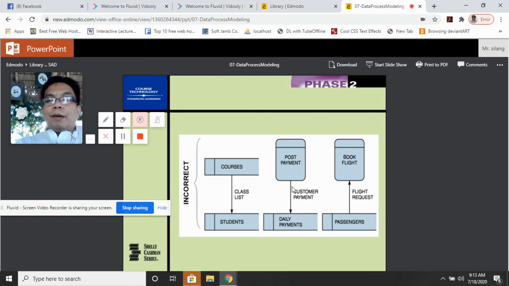We said last time that the purpose of a data store is that we store data so that we can use it for later processes or later use. We can retrieve the data for later use. But here we just store the data and then we do not use the data anymore. Here we read data from passengers without even acquiring data from the passengers. Again, for a data store, there should always be an input and an output.